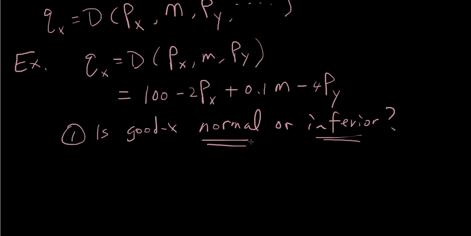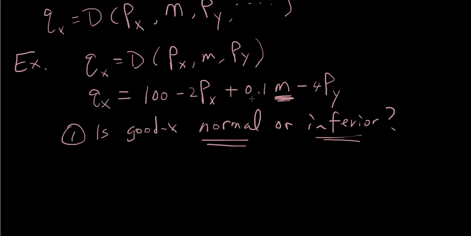If income goes up, then the demand goes up, then we call that good normal. If income goes up, but the demand for the good goes down, then we call that good inferior, right? So we have to look at the effects of changes in income there, right? That is, if this goes up, what's going to happen to this? So QX.